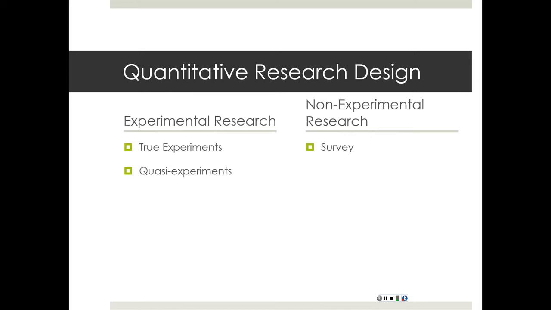Instead, they observe participants as they naturally exist. Non-experimental research includes surveys, census, causal comparative, and correlational research. In any type of quantitative research, researchers gather data in order to quantify, which allows for statistical analysis.